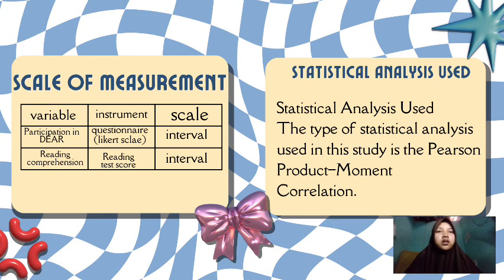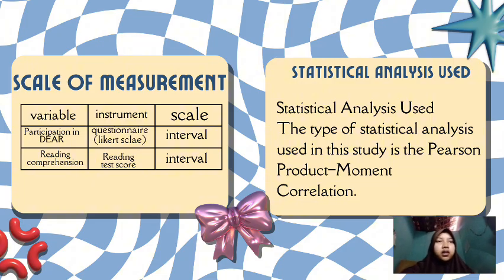Then next, scale of measurement. In this study, both variables were treated as interval data because they produce numerical scores with equal and meaningful intervals. Student participation in the DEAR program was measured using a Likert scale questionnaire, and the total scores from multiple items were treated as interval data to allow parametric statistical analysis, which is a common practice in educational research.